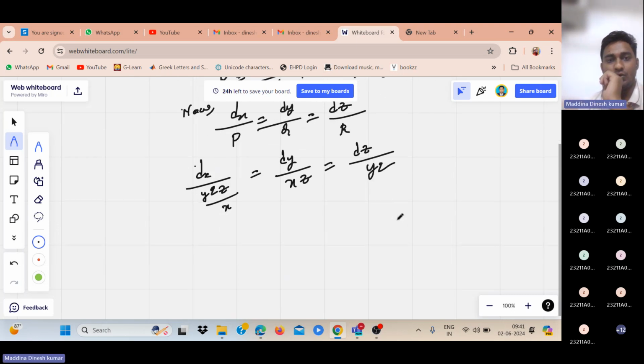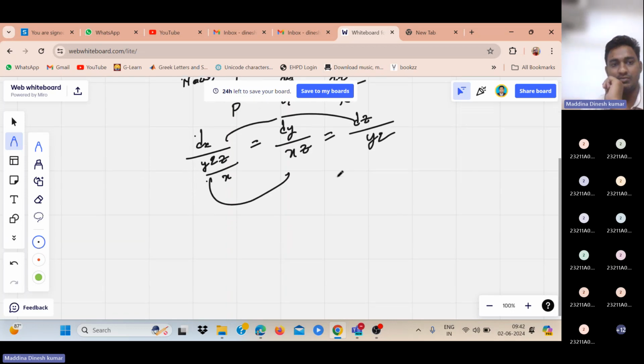Now we will equate the first two terms, and one time the first term and the last term. So now I am equating the first two terms.